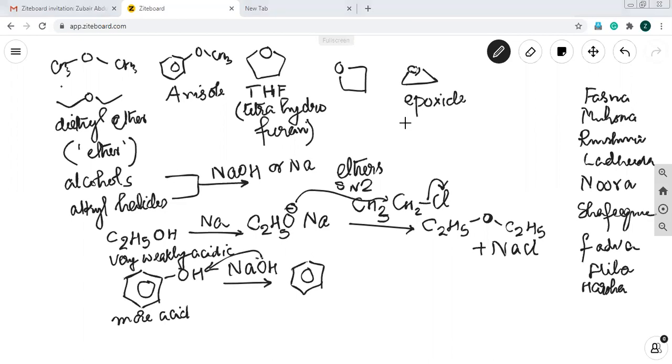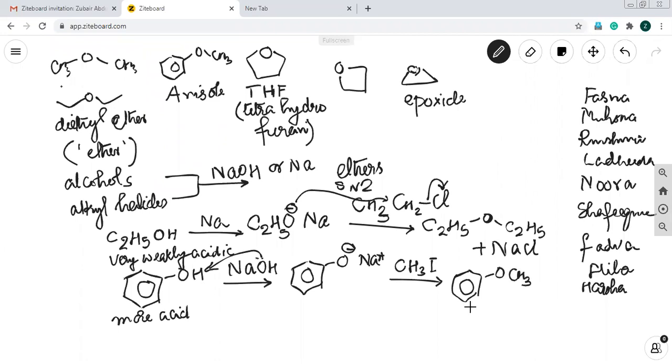and generate the anion. See here. Generate the anion. Okay. O minus, Na plus. Now that will react with CH3I and you will get anisole, by replacement over here.